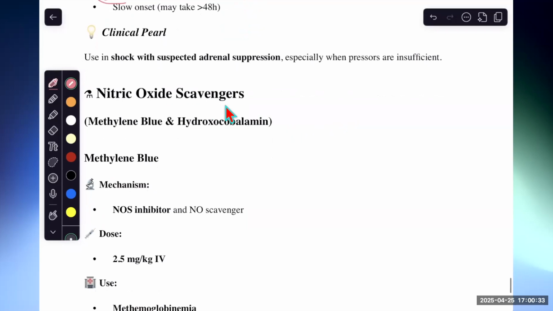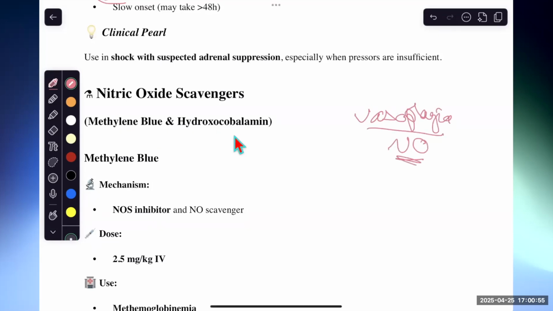Nitric oxide scavengers. Also, now there is a massive amount of papers comparing methylene blue and hydroxocobalamin in vasoplegia, because they said in vasoplegia the problem is regarding nitric oxide.